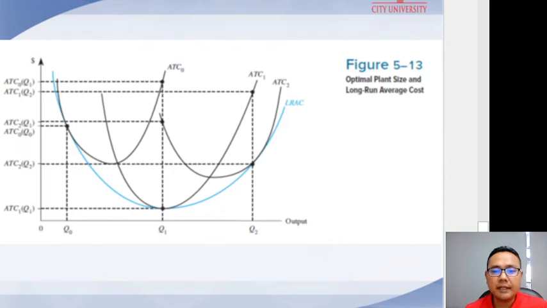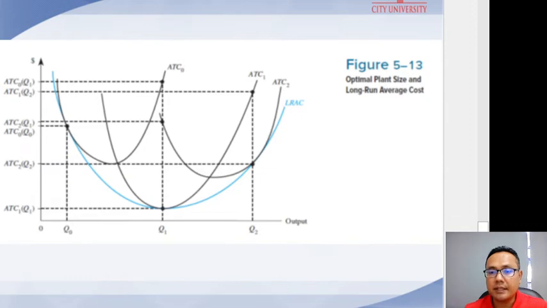So the long run average cost curve is denoted LRAC. This one. LRAC in figure 5.13 defines the minimum average cost of producing alternative levels of output, allowing for optimal selection of all factors of production, both fixed and variable.